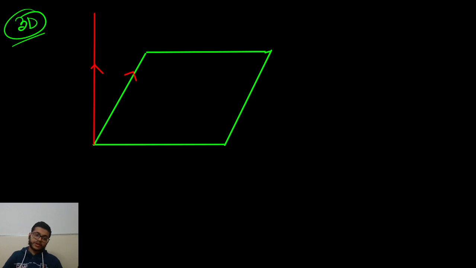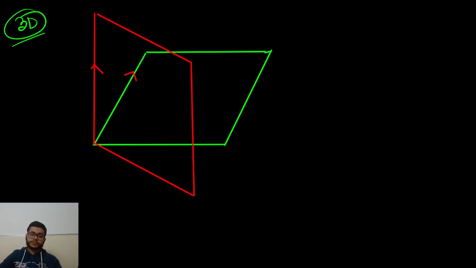So for a square it will become like this. For a rhombus lattice crystal, the reciprocal lattice will become this. This is the real lattice, and this is the reciprocal lattice. So in 2D it is very simple.